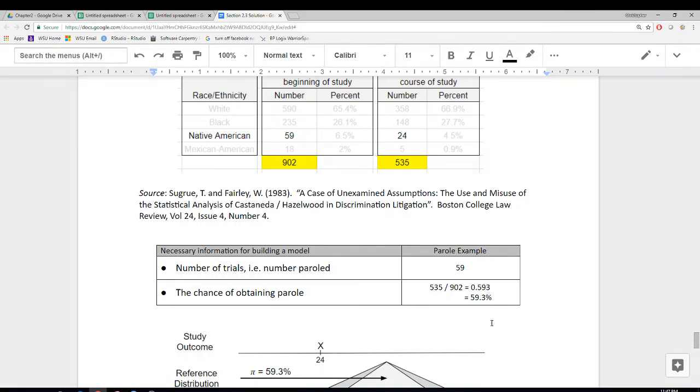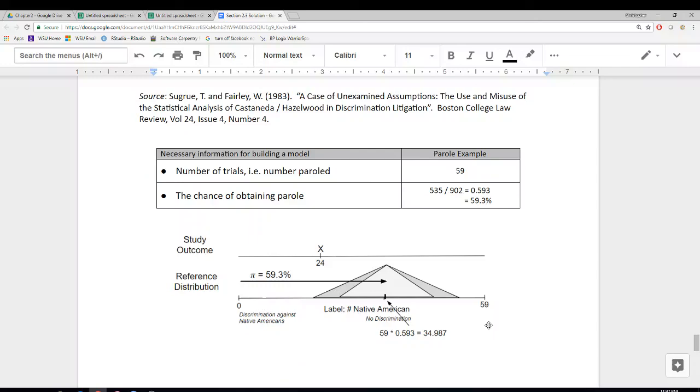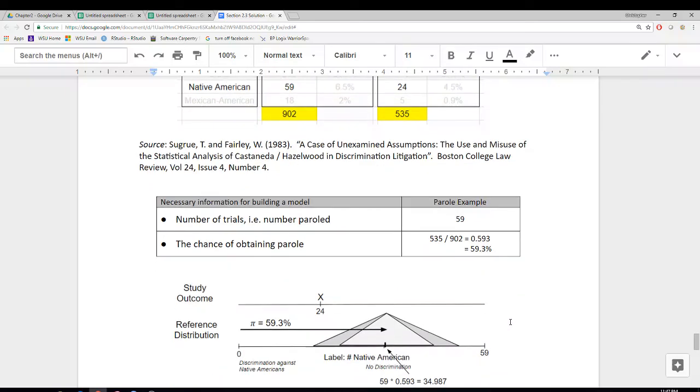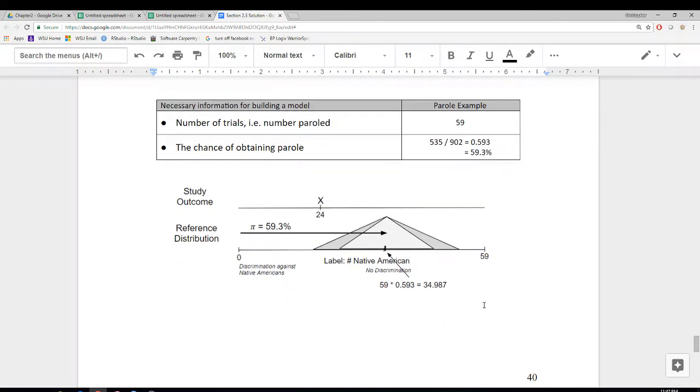Now, let me consider the Native Americans. I had 59 people up for parole. 59.3% of them should have received parole if they were like the other races. So the setup of my analysis now takes the following form. My number line is going to go from 0 up to 59, because I'm just looking at the number of Native Americans.